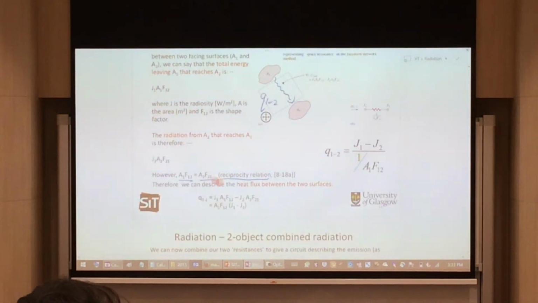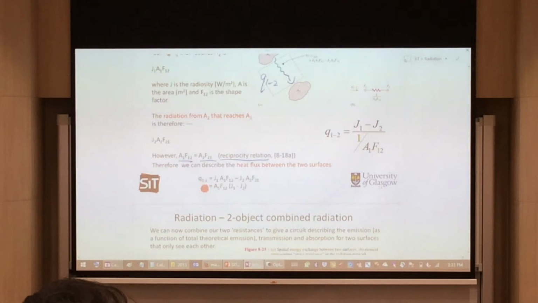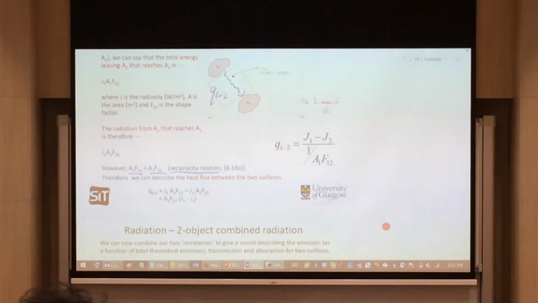That is the reciprocal relationship. So if I want to find out the net heat transfer from 1 to 2, what I need to do is take J1A1F12 minus J2A2F21. Later on, there will be an example to work on that.